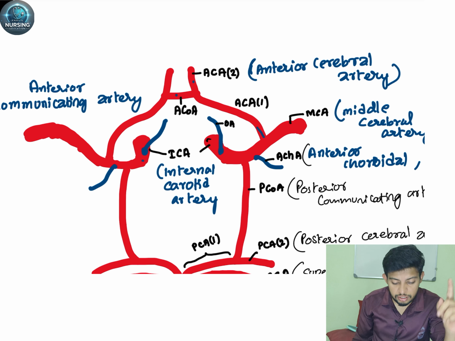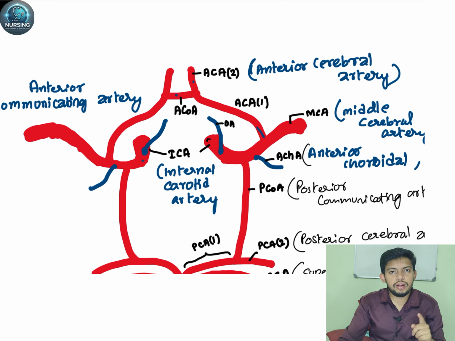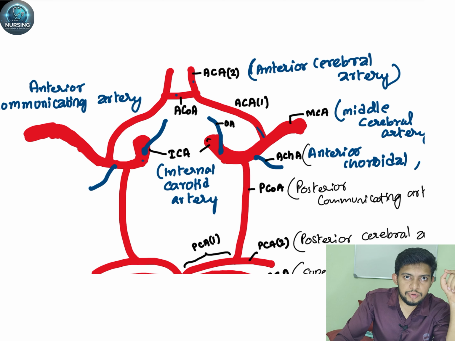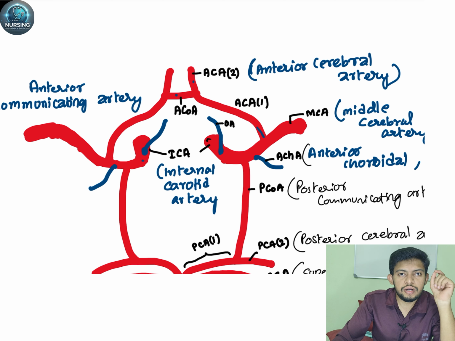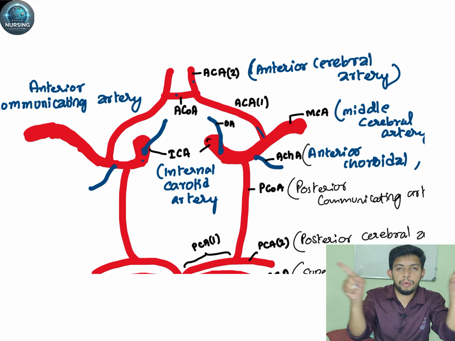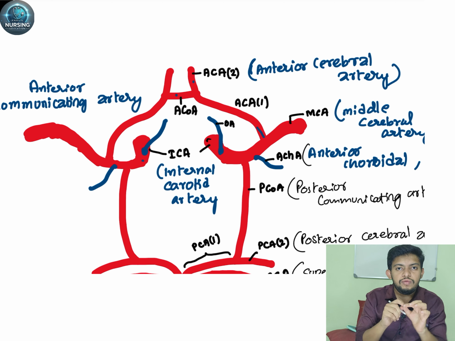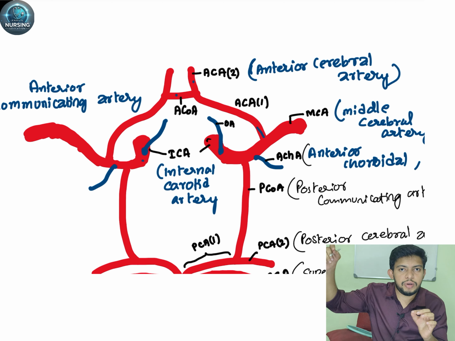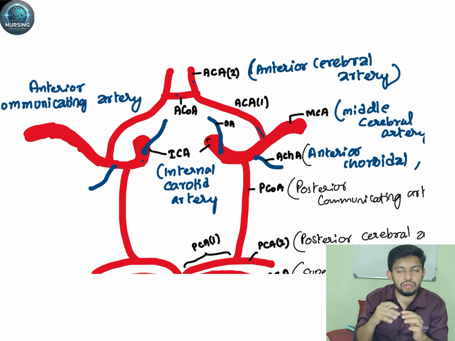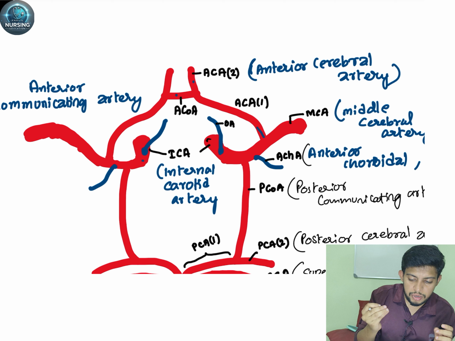Okay, see, the internal carotid artery gives the branch to the posterior communicating artery, but the internal carotid artery will stop, or it will terminate by giving off two branches. One which is given to the anterior aspect will be called anterior cerebral artery. One which is given to the middle aspect, the lateral aspect, will be called middle cerebral artery.